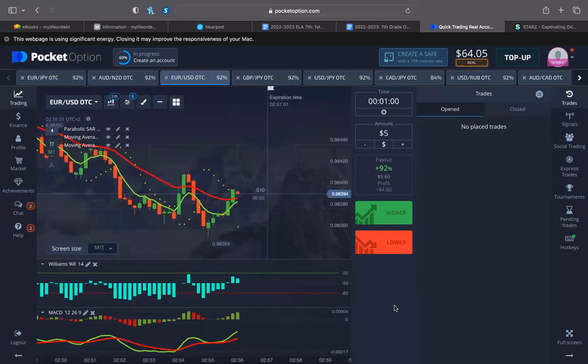PSAR has flipped. However, we don't have a cross here. I don't want to enter until I get that cross.